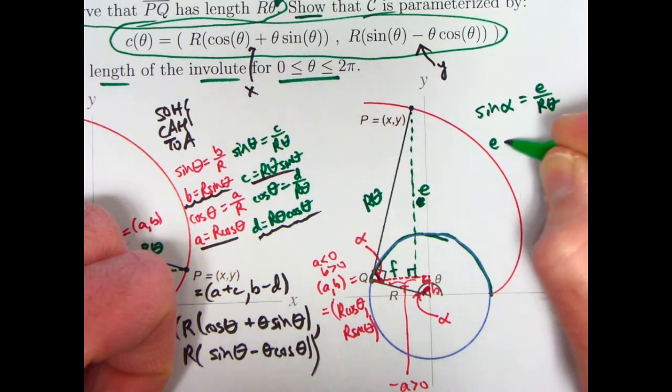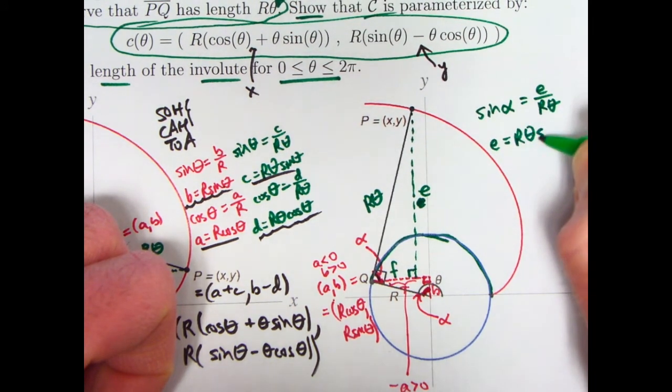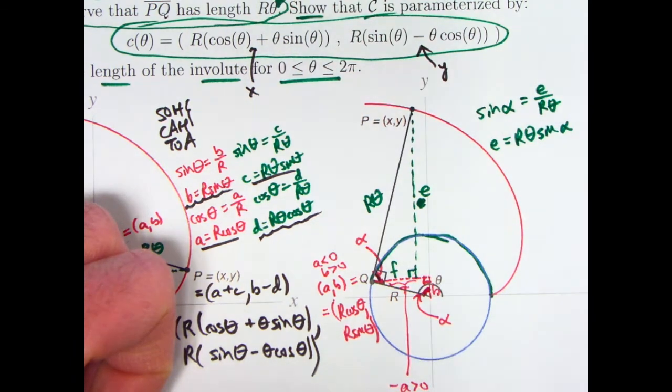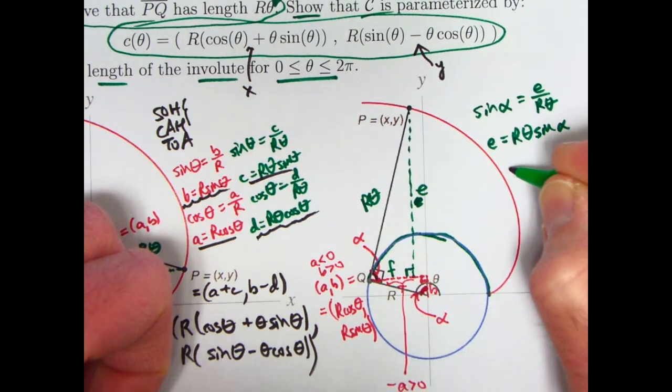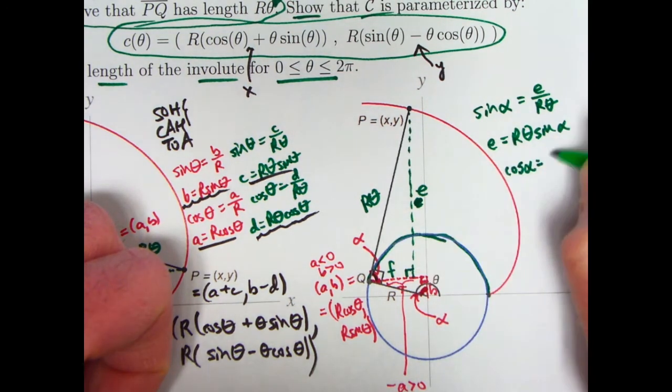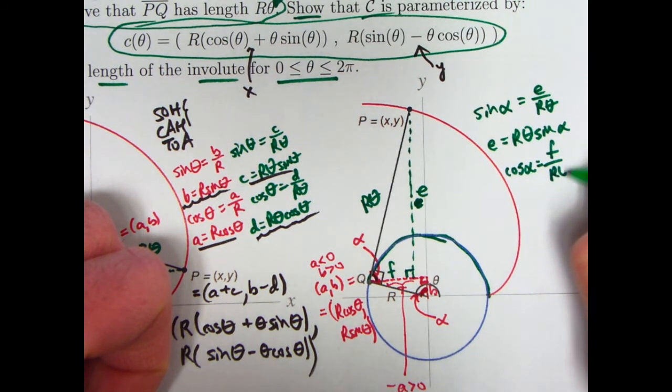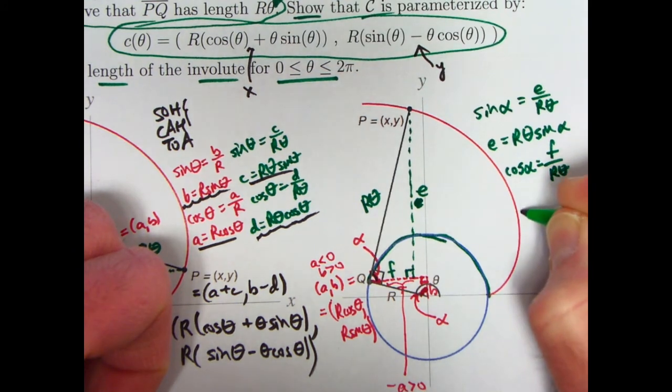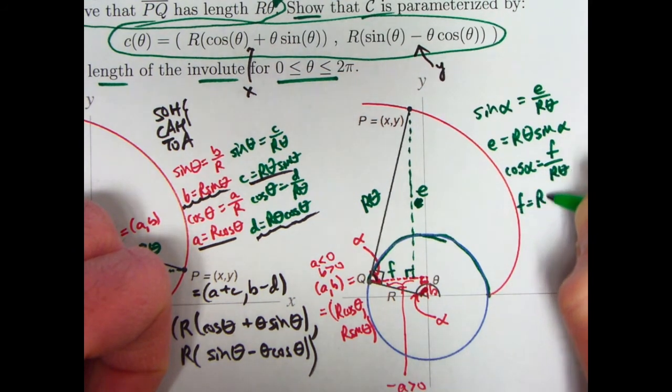And therefore E is r theta sine alpha. And cosine of alpha is adjacent over hypotenuse, F over r theta, and therefore F is r theta cos alpha.